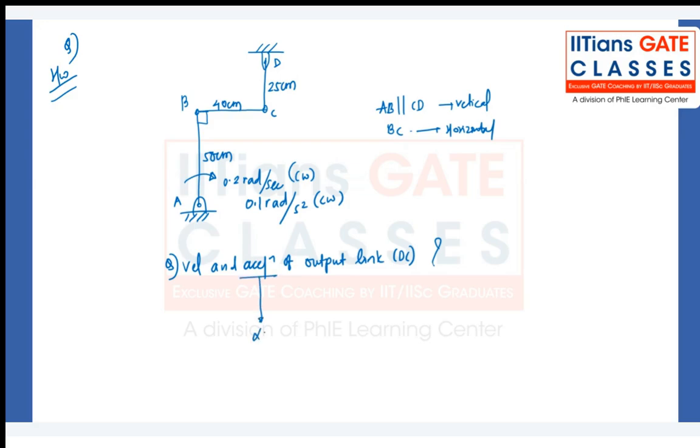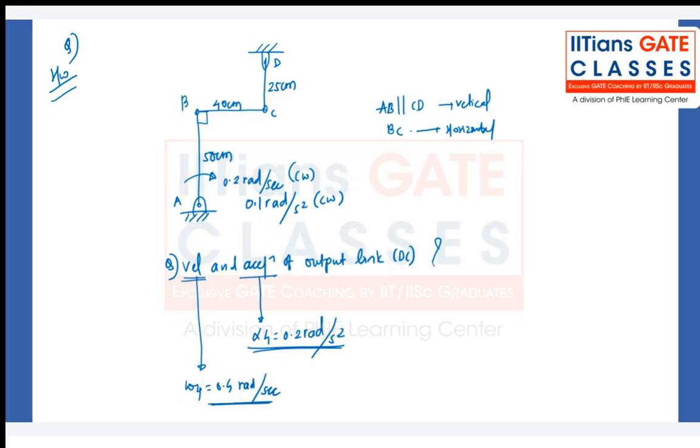Acceleration, that is alpha 4, 0.2 radian per second square is the answer. Velocity, that is omega 4, is 0.4 radian per second.